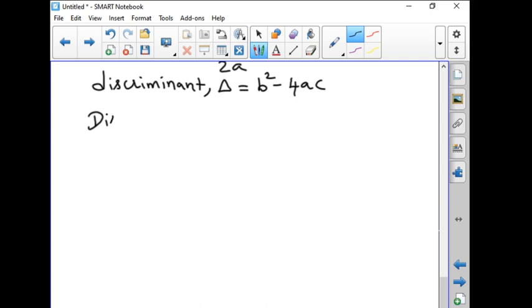So let us write discriminant, nature of roots, and how many points the parabola intersects at.